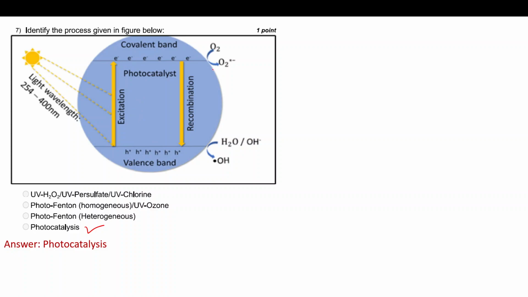These electrons are responsible for the conversion of O2 into O2 minus, and later these holes are responsible for generation of the hydroxyl radical, which will further degrade the organics.